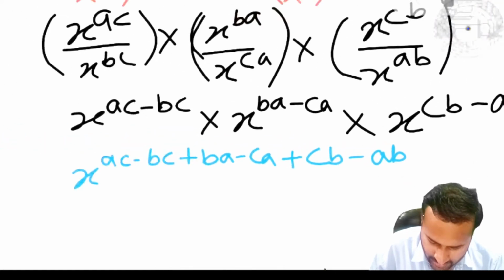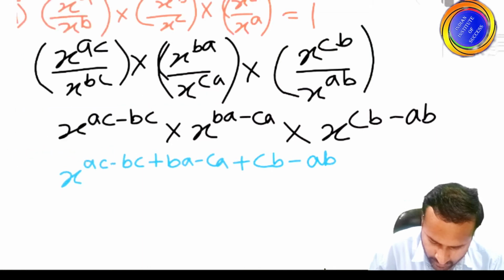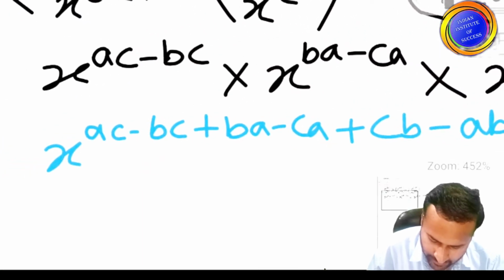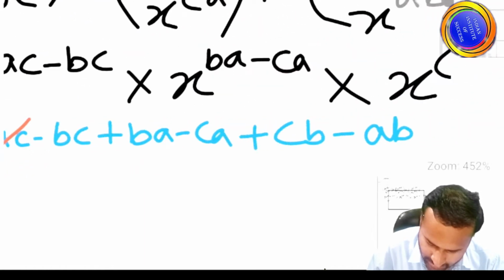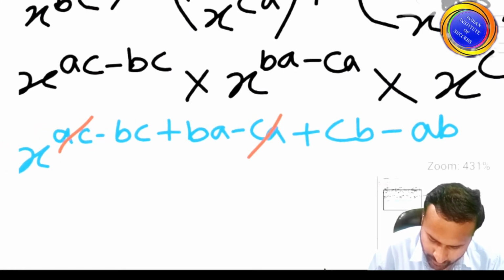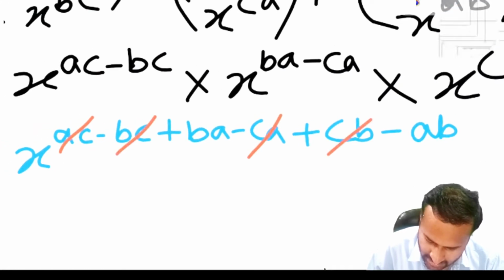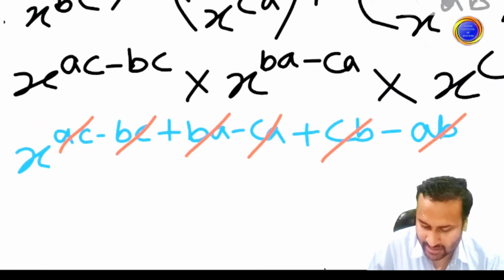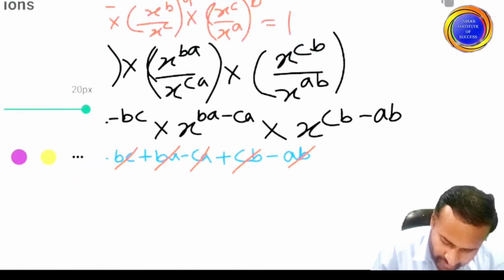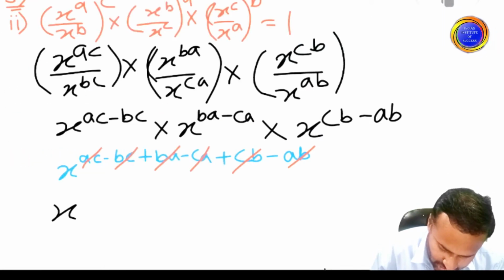Then ac will cancel with minus ac, bc with minus bc, ba with minus ba. So the value here is x raised to power 0.